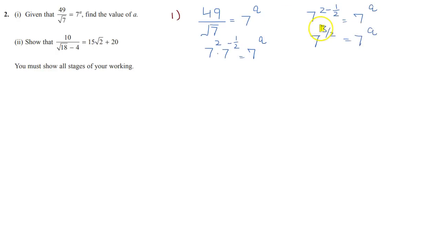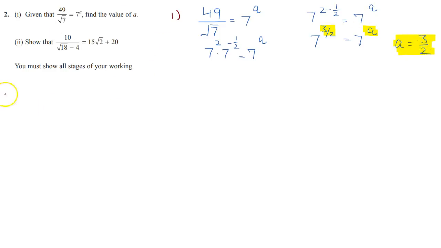Now if the base is the same, the powers must be equal. So a is equal to 3 over 2. So this is the value of a. That is part 1.